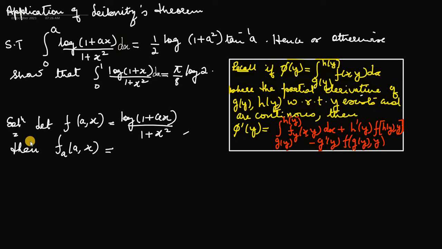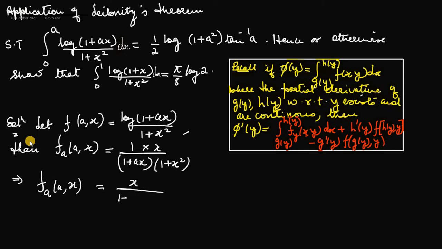Differentiate with respect to a, then you get 1 by (1 plus ax), because differentiation of log of (1 plus ax) will be 1 by (1 plus ax) into the derivative of (1 plus ax) with respect to a, which is x, and the 1 plus x squared acts as a constant. So this implies that f suffix a, the partial derivative of f with respect to a, is equal to x by (1 plus ax) into (1 plus x squared).